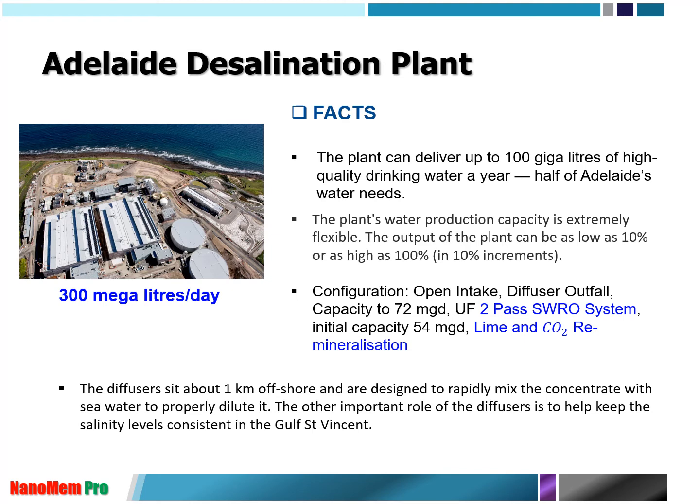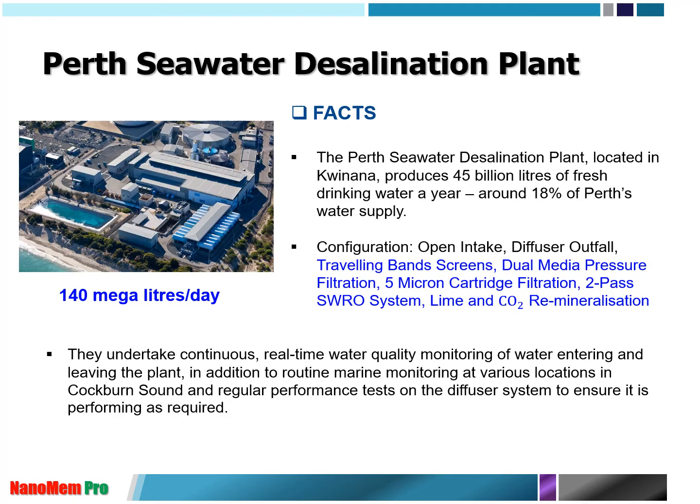a screening system, also ultrafiltration, second pass SWRO system, and lime and CO2 remineralization. Perth desalination plant, as you can see, has dual media filter, second pass SWRO, lime and CO2 remineralization, and this one has 140 megaliters per day.